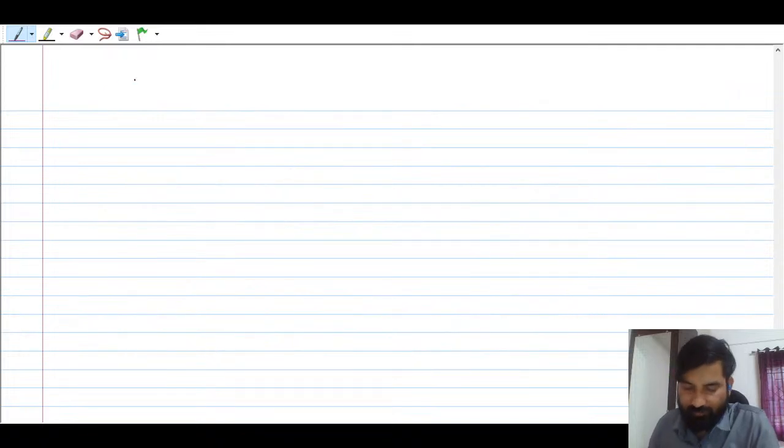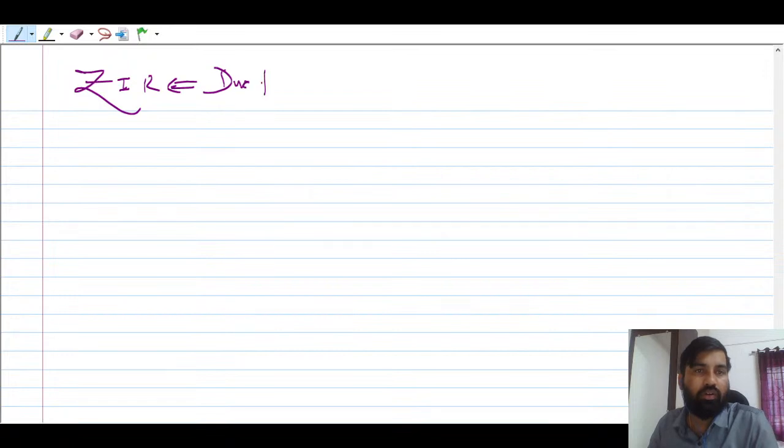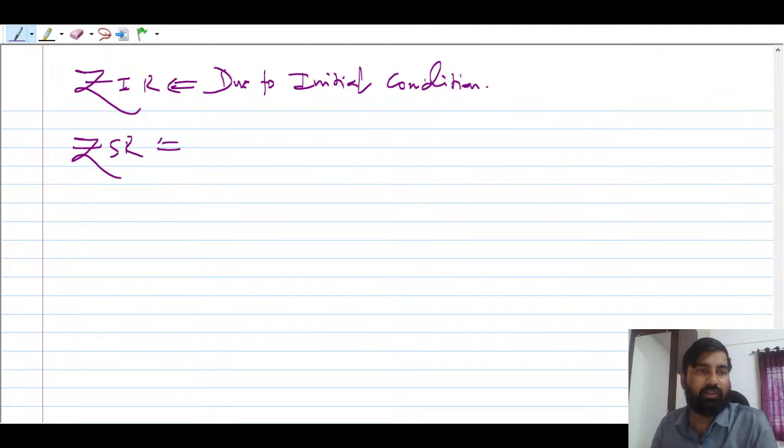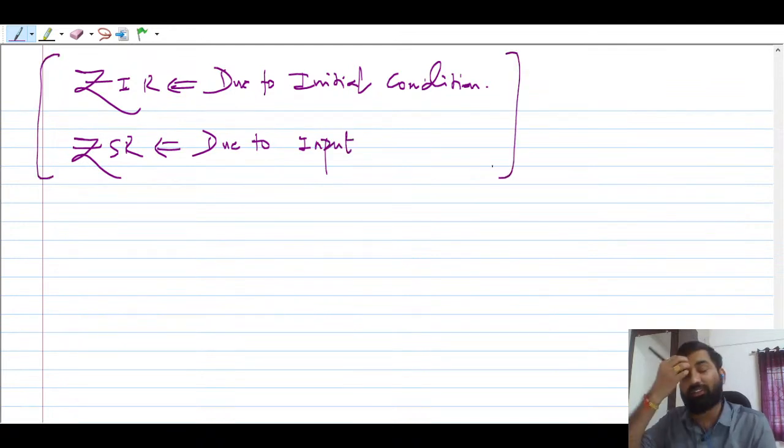ZIR is computed due to initial condition, and ZSR is computed due to input. So ZSR and ZIR, please remember these two important terms.